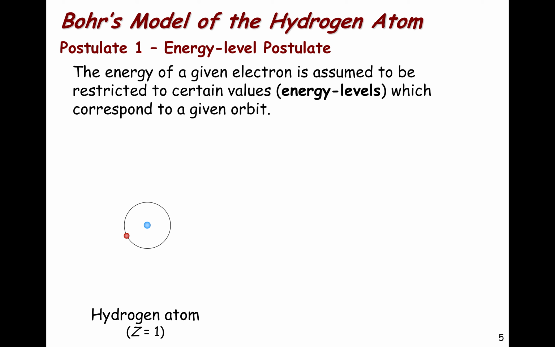Niels Bohr was able to come up with a model of the hydrogen atom that was able to explain both the spectrum and the formula developed by Balmer.